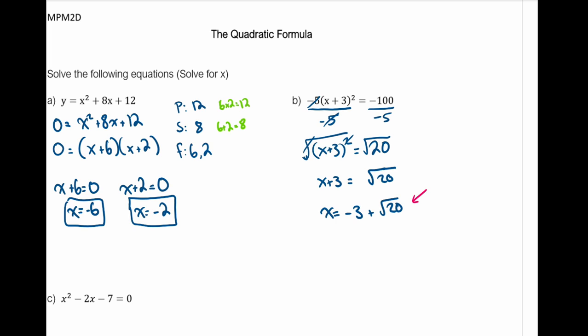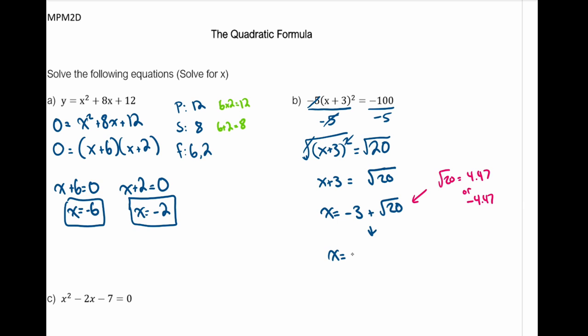If I want to find the exact value, the square root of 20 equals, say, 4.47 rounded. But we should know that from squaring things, it could be either positive 4.47 or negative 4.47. So what this actually means is that I have two possible answers from this square root.